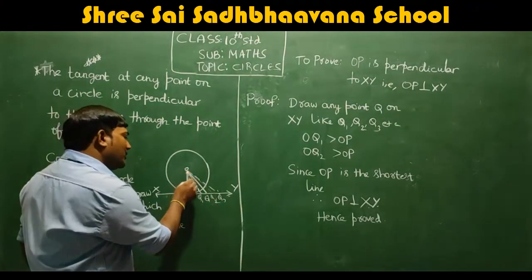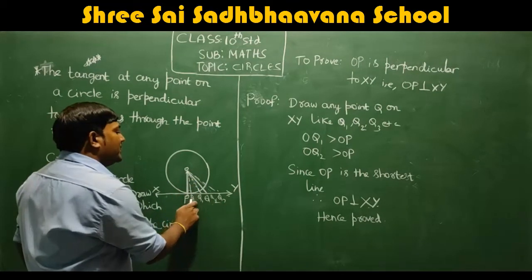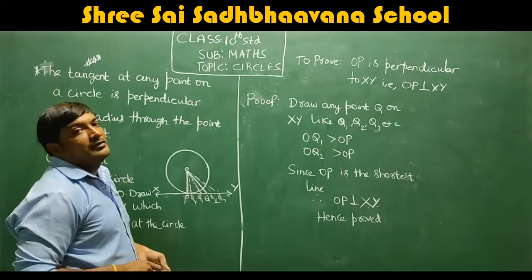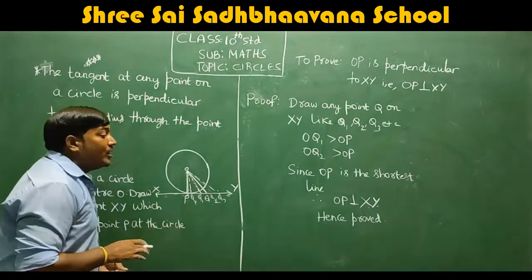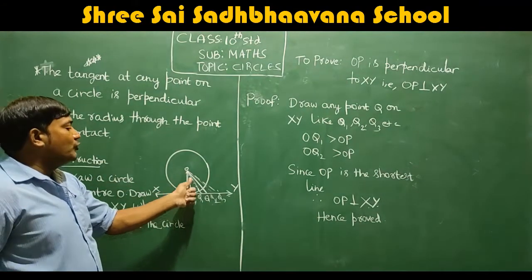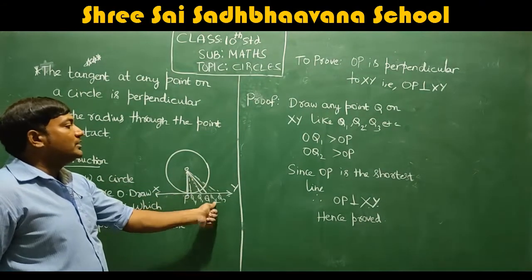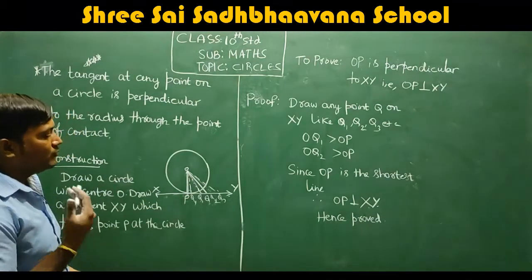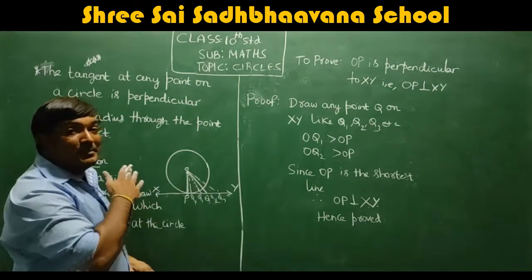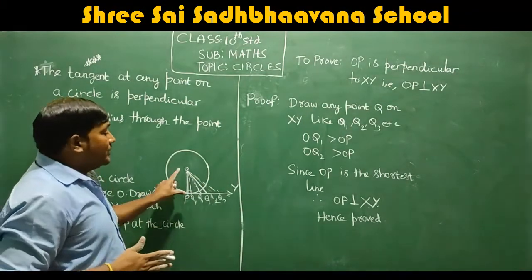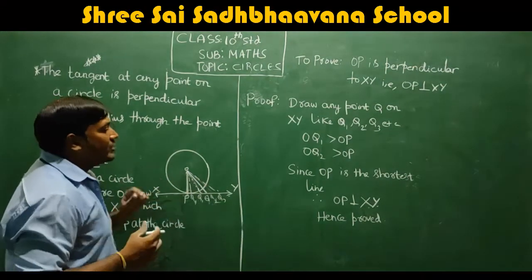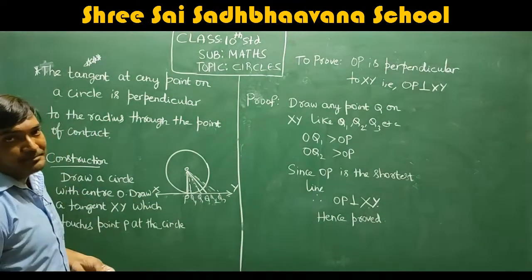You can even take a point very near to P, which I will call Q4. Even OQ4 is greater than OP. It means we can prove OP is the shortest line compared to OQ4, OQ1, OQ2, OQ3, any line you take. OP is the shortest distance and that is the shortest line.